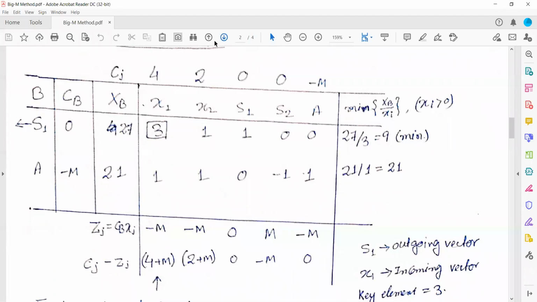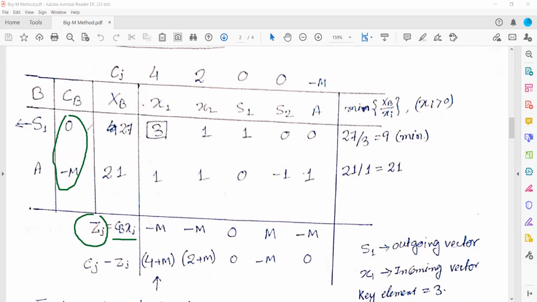After writing the initial simplex table, first you need to find Zj, which is Cb times Xj. This is your Cb.